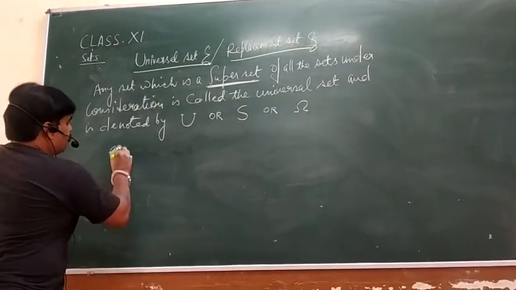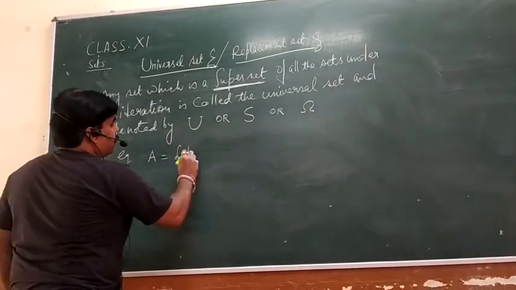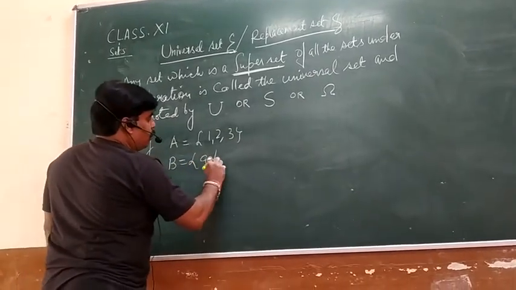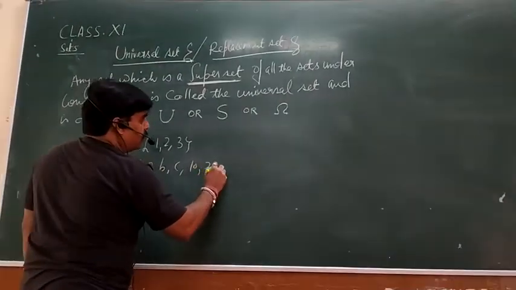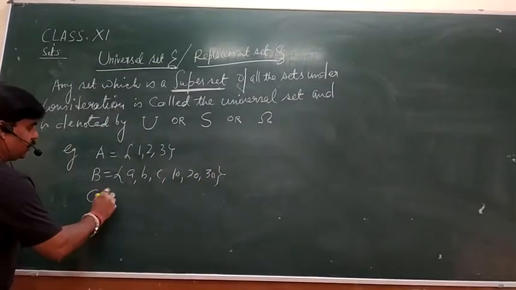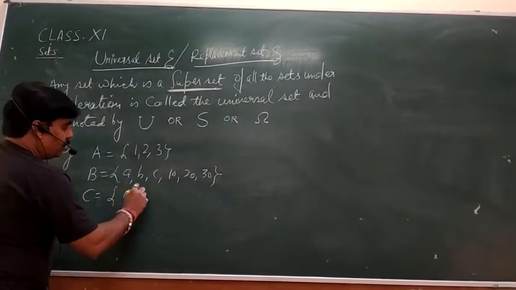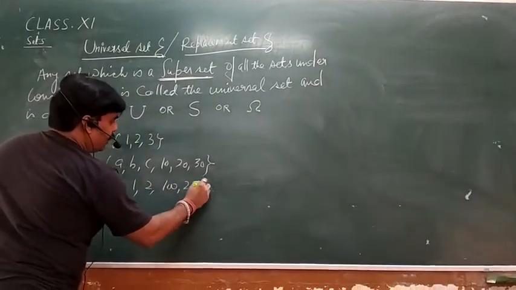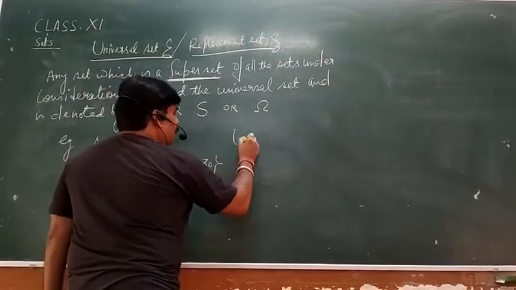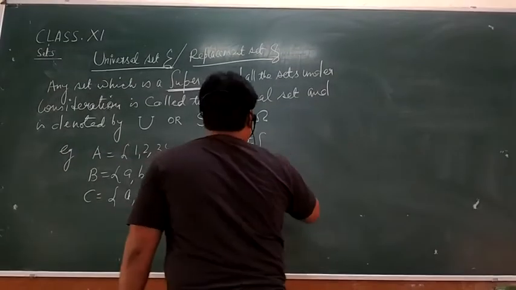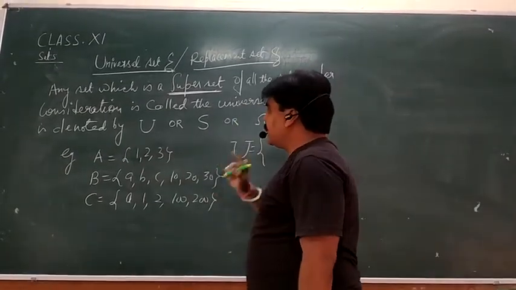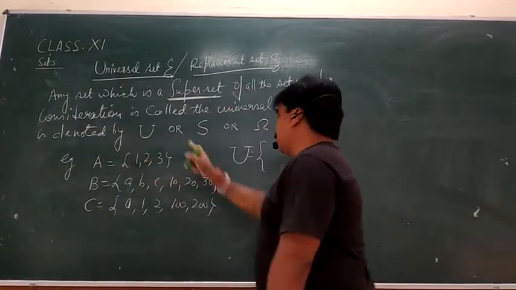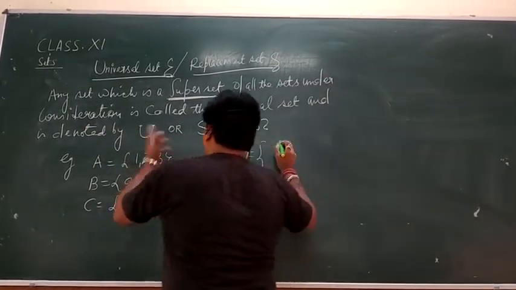So for instance, suppose there is a set A with elements 1, 2, 3. B is another set with elements a, b, c, 10, 20, 30. Set C we are taking as, suppose, a, 1, 2, 100, 200, like this. Then a universal set will be one that contains all the elements of these sets under consideration, because these sets are taken, every element should be here.